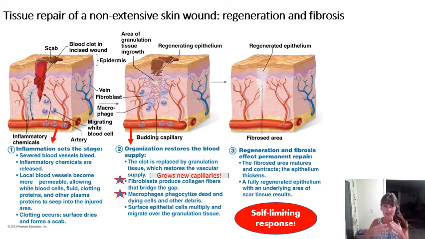So as clotting occurs with the formation of these protein fibers being produced, that's going to form a scab on the outer surface of this wound.